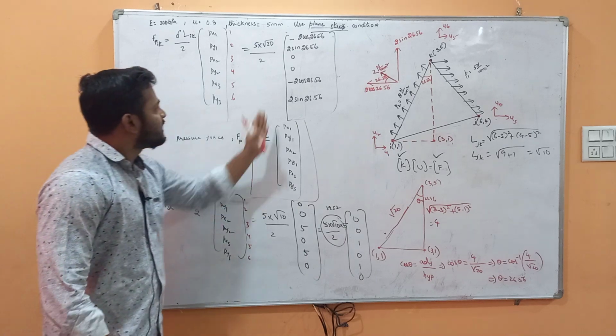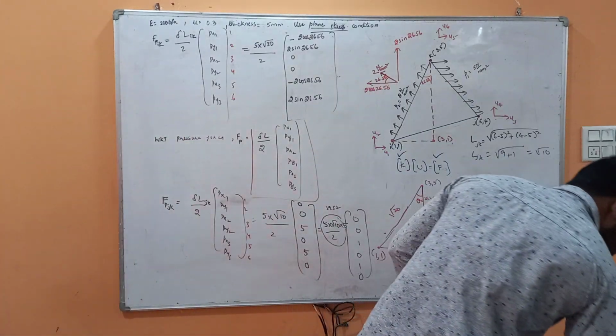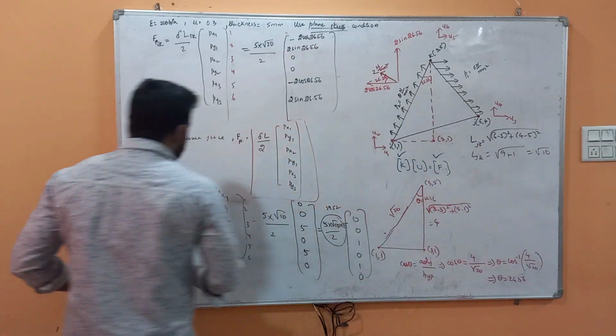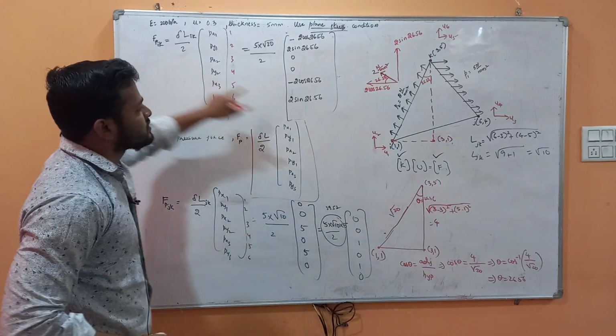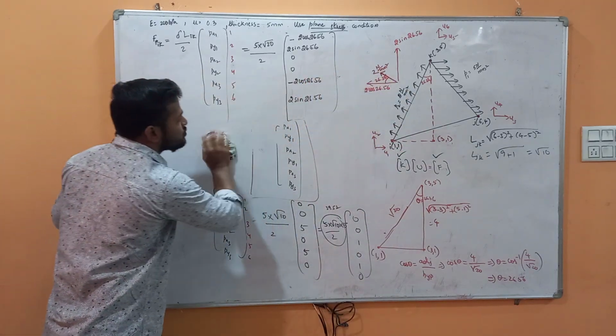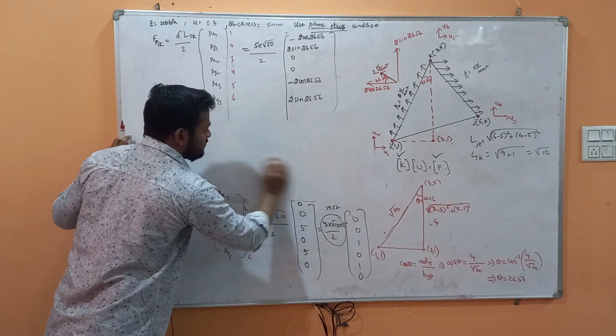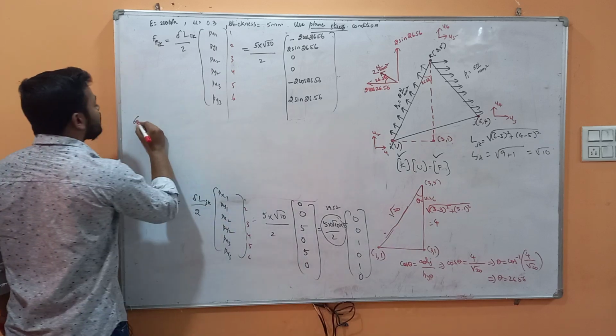I have to add these so that I get the total force. I got the pressure force for the first one and for this one, and for this pressure force I got this matrix. So we have to assemble these two matrices now, which is called the global or total force matrix.